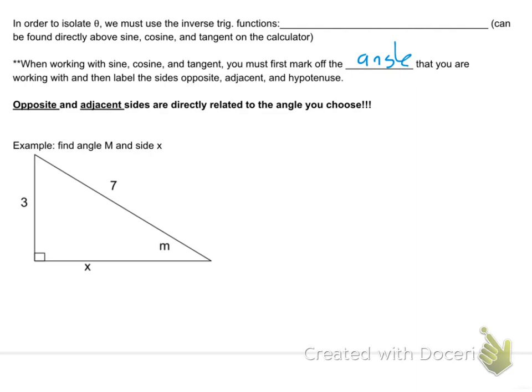I want you to physically write them down, and when we get to the example below, you will see that. Because if you don't write these things down, you are more likely to make a mistake. And the whole idea is, again, to not make mistakes. So you're going to write according to what angle you're from, opposite, adjacent, hypotenuse, and you will write SOH CAH TOA, because that is the key to all the right triangle trig.